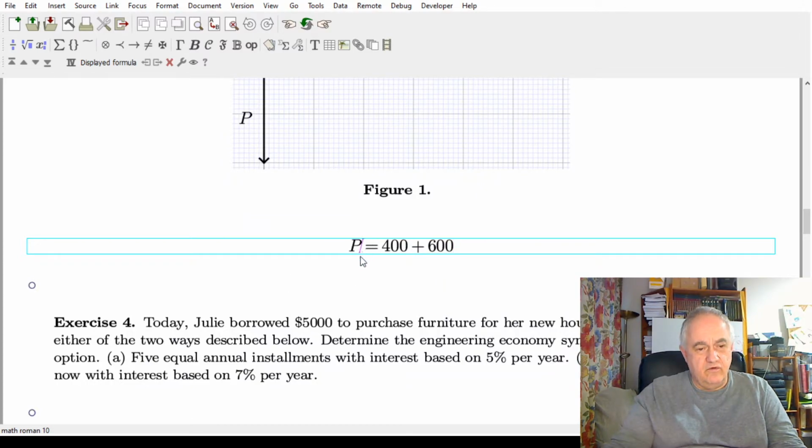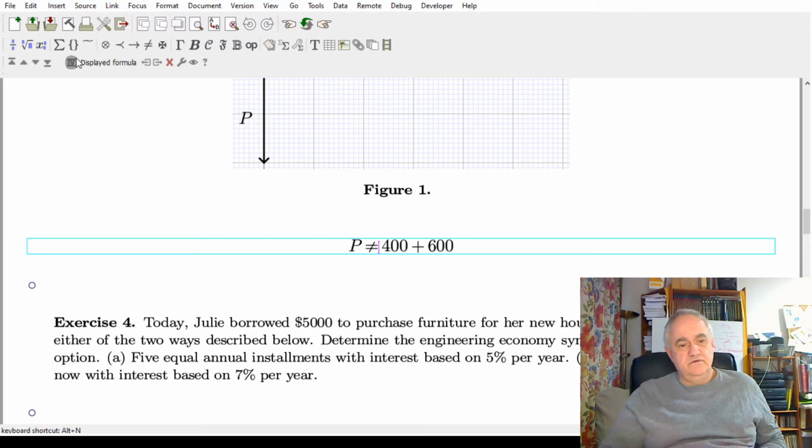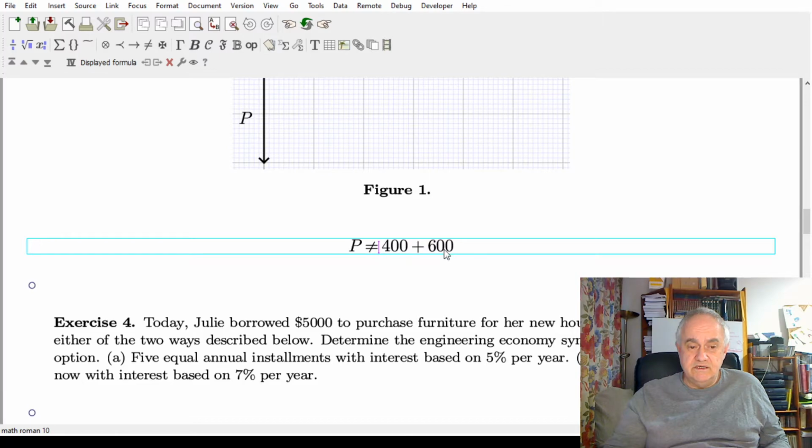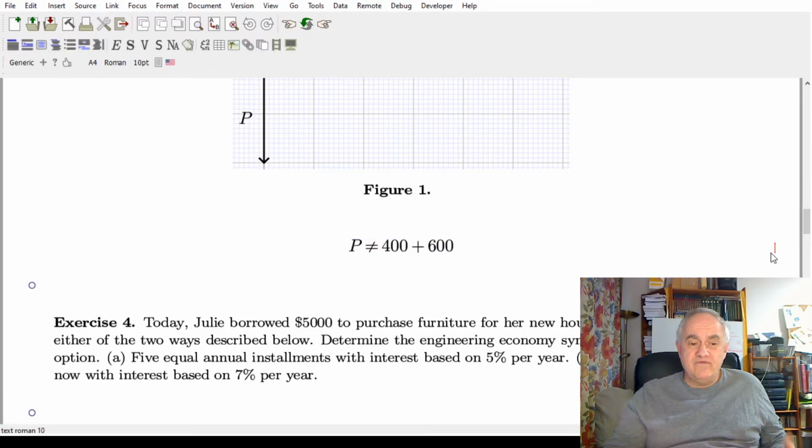Be careful, this is false. This is false because having, let's say, this 1,000 amount here will give you the opportunity of keeping this money in the bank and obtaining an extra profit. So they are not equivalent. So this equation is false. We have to balance according to the opportunities the financial market creates.